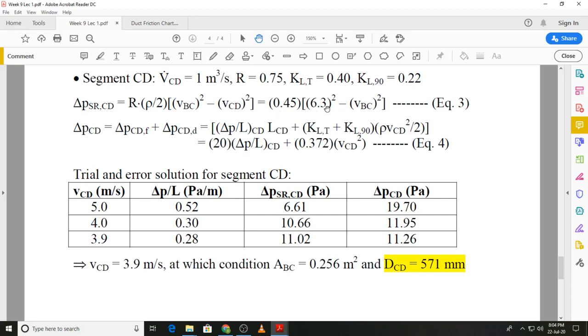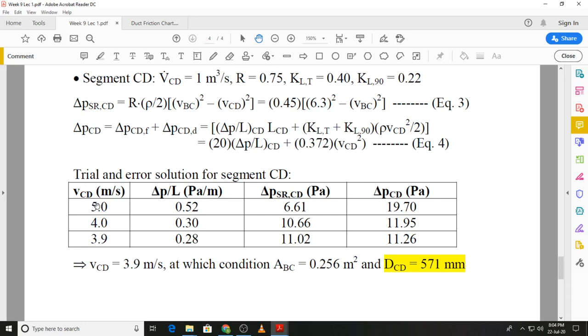We substitute the known values, we get equation 3. Then again we had the duct length of 20 meters, and delta P by L is unknown. The KL values are known. We know the standard density is 1.2 kilograms per meter cube, and that will give us equation 4, in which only VCD and delta P by L are unknown.